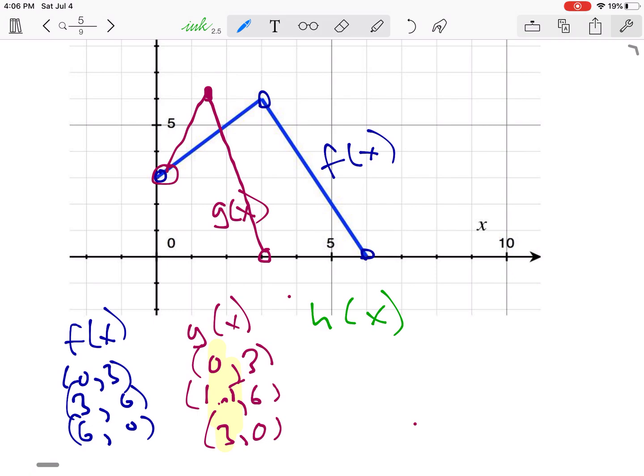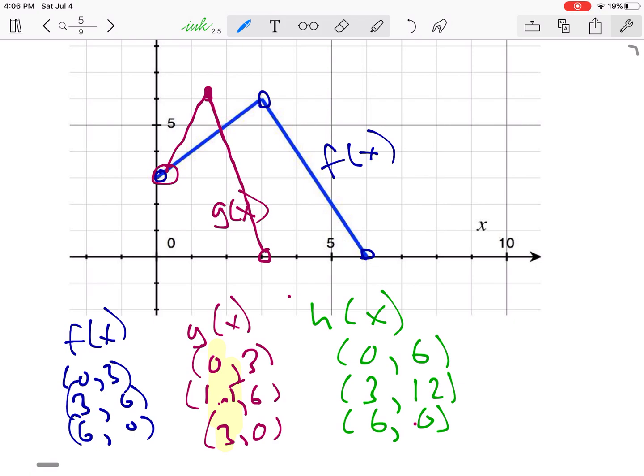So what happens here is your x values now stay the same: 0, 3, 6. And your y values are going to be multiplied by 2. So here you're going to get 6, 12, and 0.